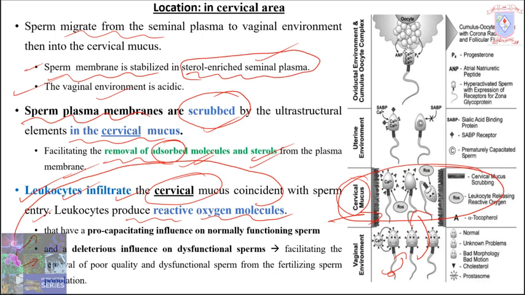They act on functional sperm by promoting the capacitation process, but they act on dysfunctional sperm in a deleterious way. So reactive oxygen species are good to functional sperm, but dangerous to dysfunctional sperm. This facilitates the removal of poor quality and dysfunctional sperm from the fertilizing sperm population in the cervical mucus area.